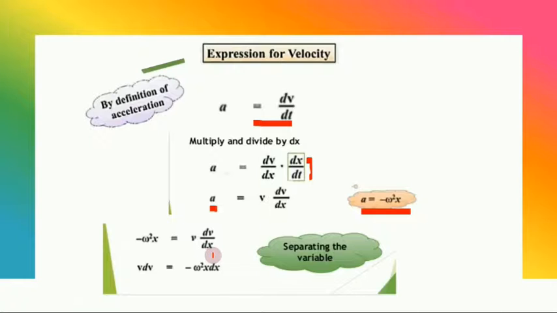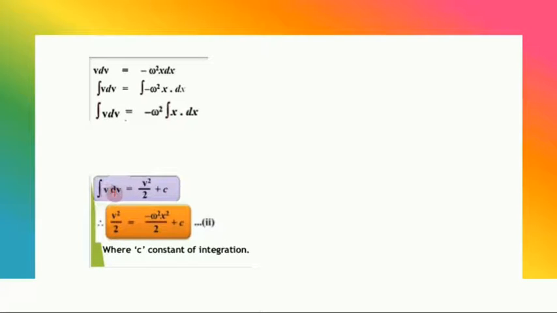v dv by dx. Now separating the variables, we integrate v dv and minus omega square x dx, which gives the integration of v dv equal to minus omega square, as it is constant, integration of x dx. Integration of v dv gives us v square by 2 plus c, where c is the constant of integration.